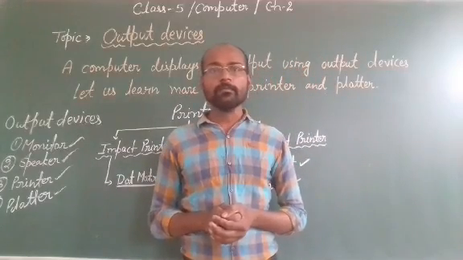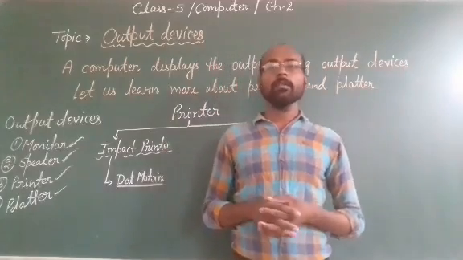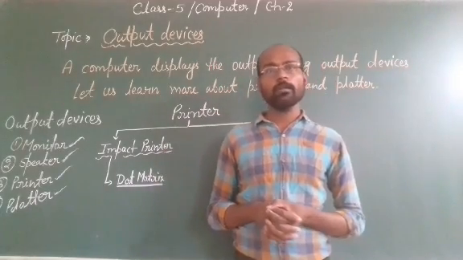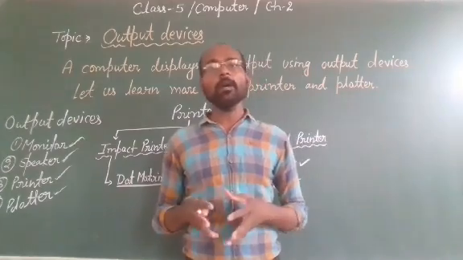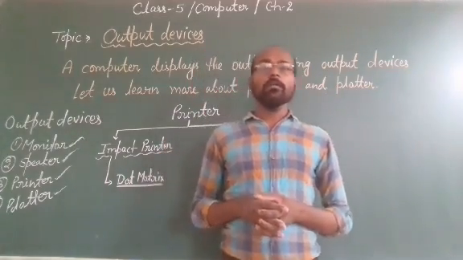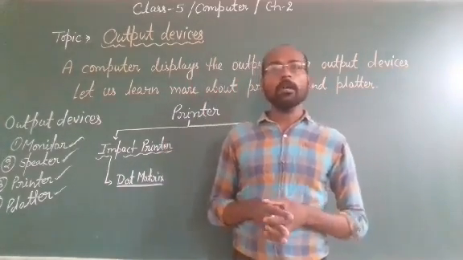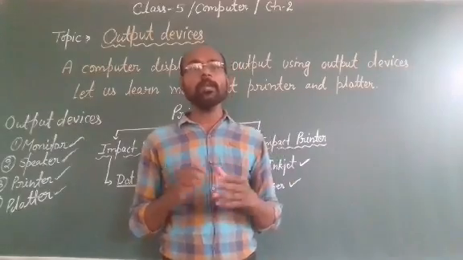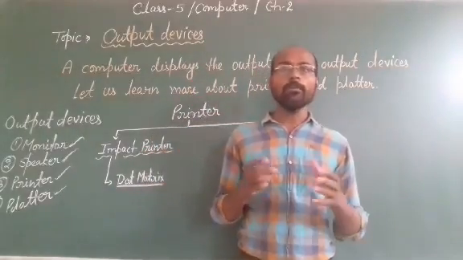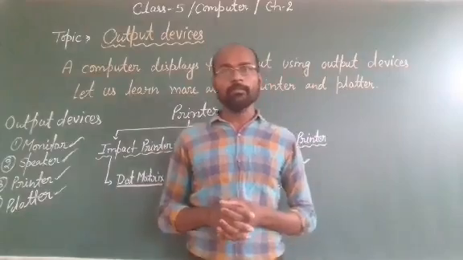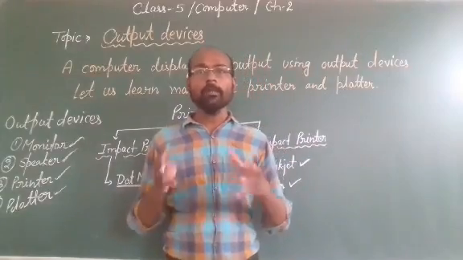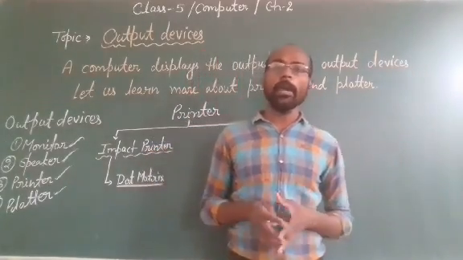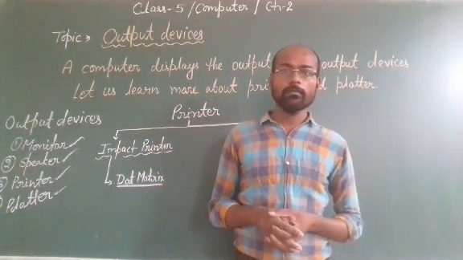Students, the inkjet printer is an example of a non-impact printer. It prints text and graphics by spraying small drops of ink on the paper. It prints faster than a dot matrix printer.